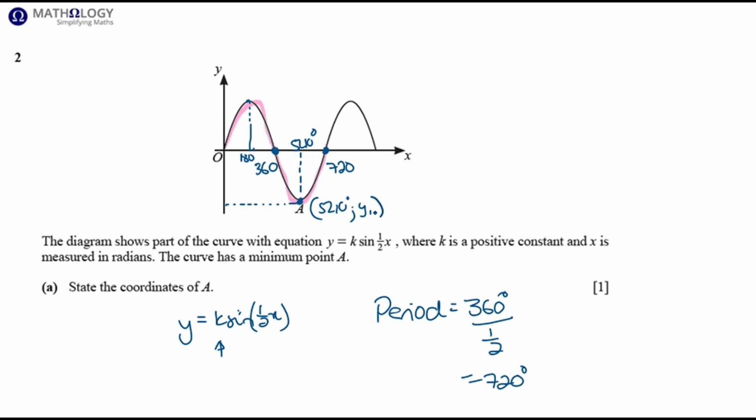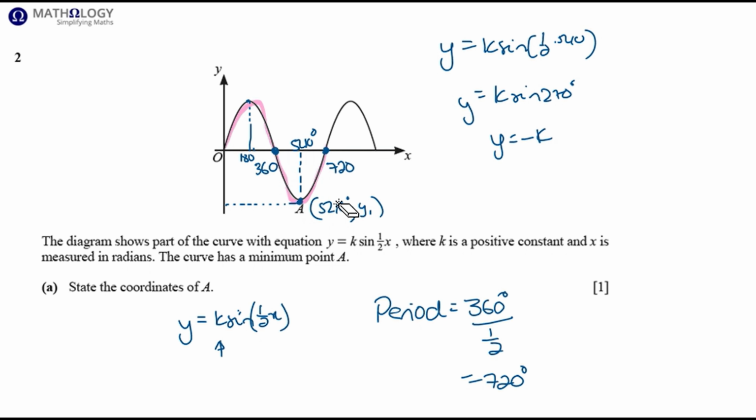Let's call the value y1 for now. So when x is 540 degrees, we have y equals k sine a half of 540, which is k sine 270, and sine 270 is minus 1, so y will be minus k.